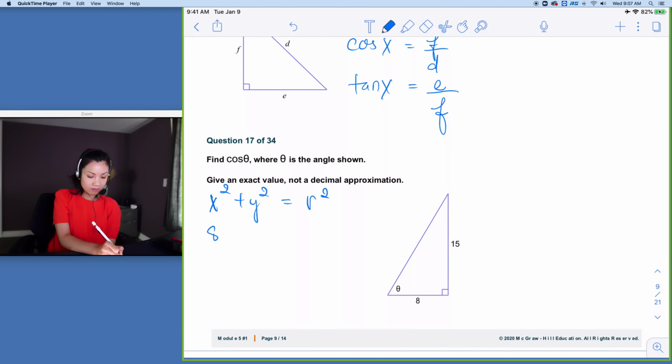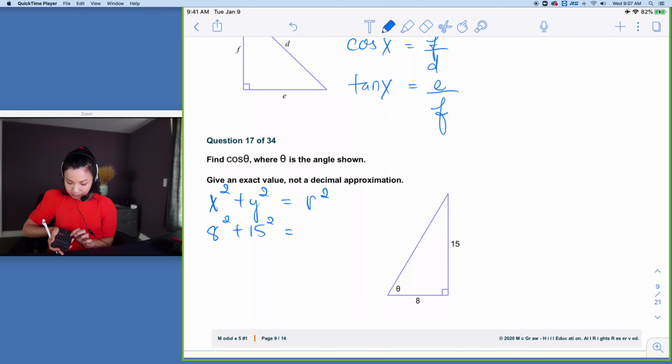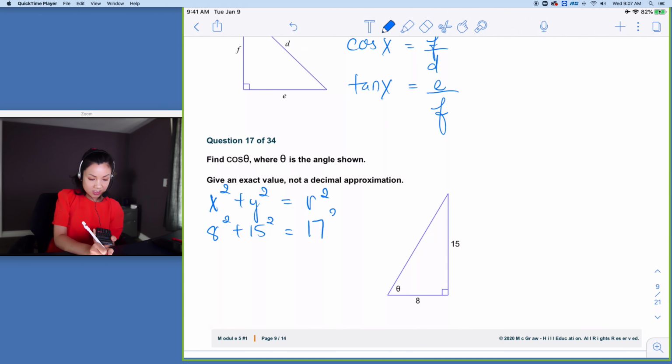So I have 8 squared plus 15 squared equals 17 squared.